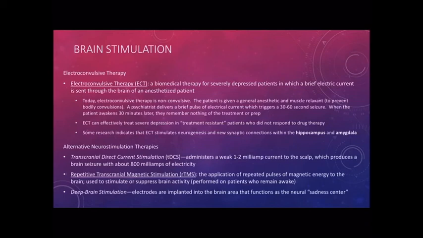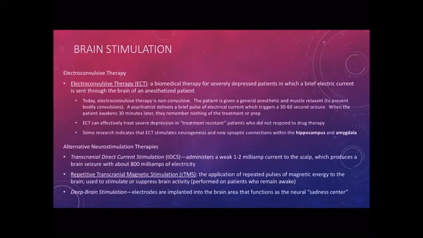And this can be done on patients who are awake because it's not invasive. It's all on the scalp. So both of those first two, tDCS and rTMS, are on the scalp, but the difference is tDCS is just a constant current, whereas rTMS is repeated pulsations.